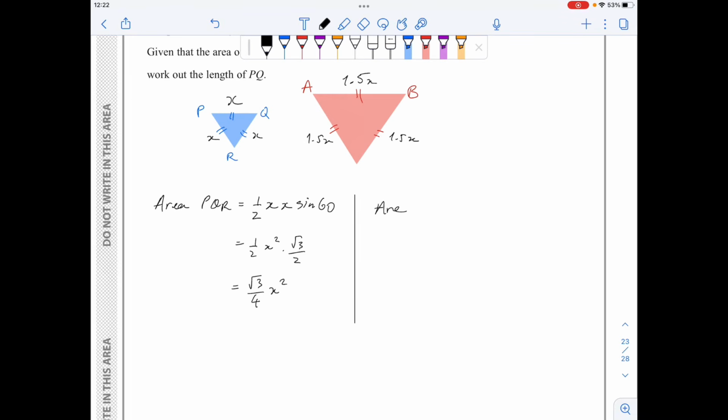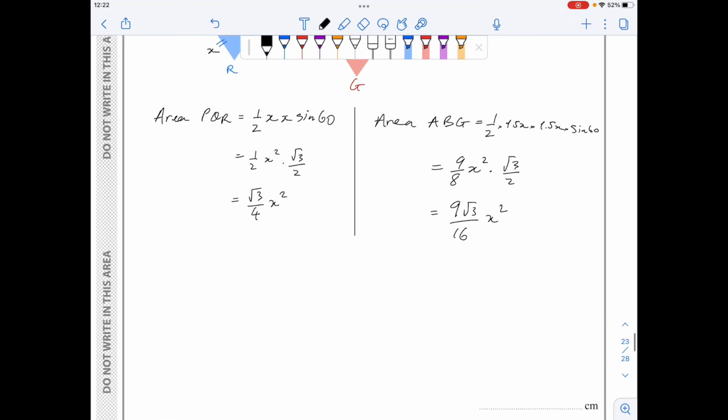So area of, let's call this point here something, let's call it G for example. So area of ABG is equal to 1 over 2 times 1.5x times 1.5x times sine of 60. This will give me 9 over 8 x squared times the sine of 60, which is square root of 3 over 2. If I simplify, I will get 9 square root of 3 over 16 x squared.